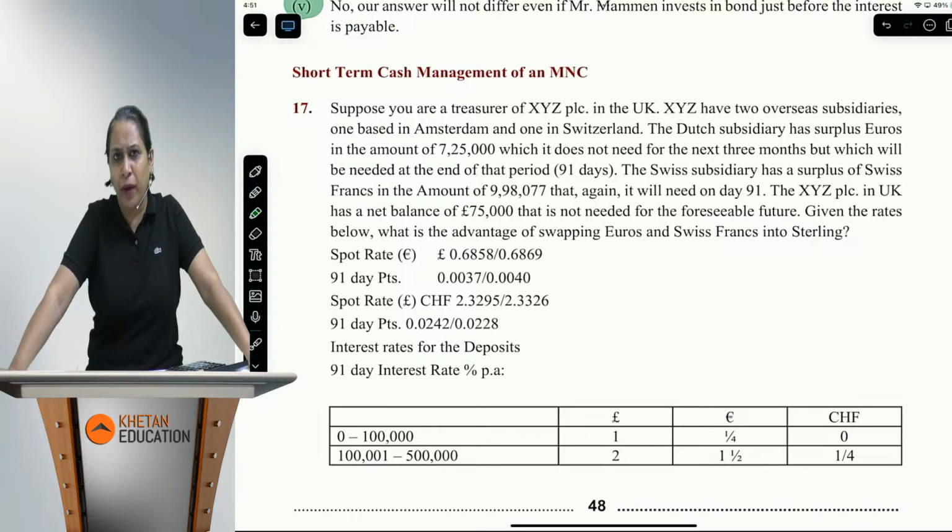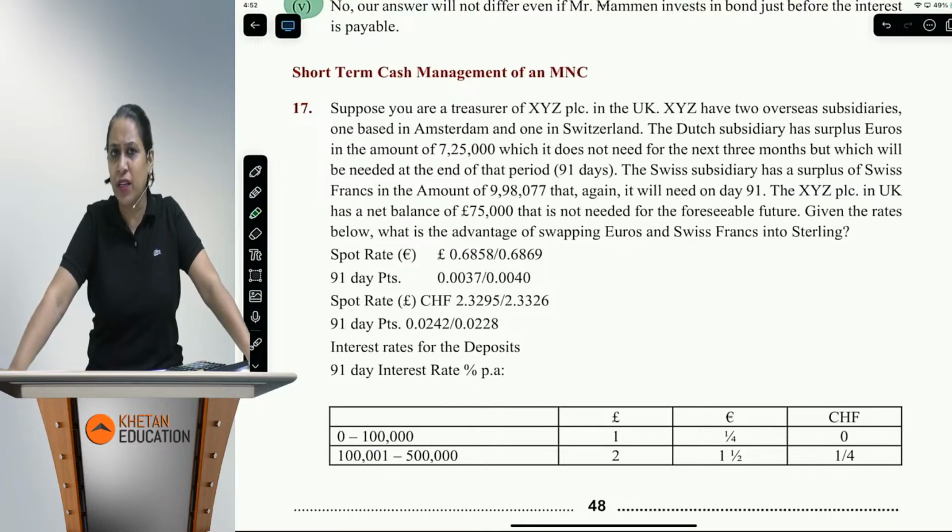Suppose you imagine that there is a headquarter of Citibank in the US, and there are subsidiaries in India, then Bangladesh and Pakistan and everything. In that situation, there are two ways of managing cash.